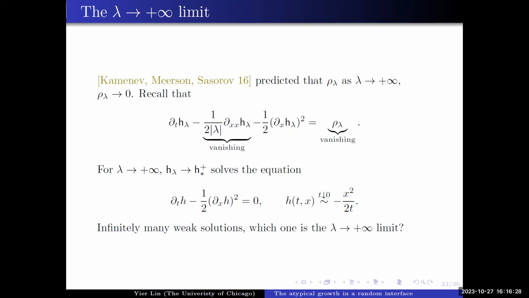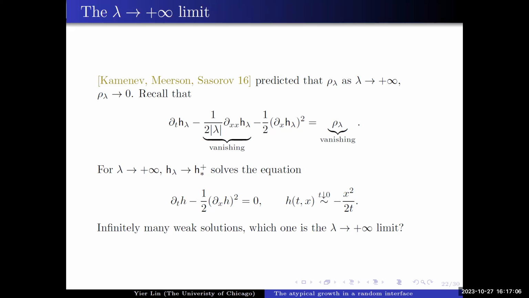So again, in this case, since this rho lambda has now just vanished, when you look at the PDE, you have something that is vanishing here, and something also vanishing here. So it tells you that the limiting behavior of this KPZ trajectory should just solve this equation. It's the integral form of the Burgers equation with some specific initial condition. But the problem is, you need to understand which solution should represent this H star.